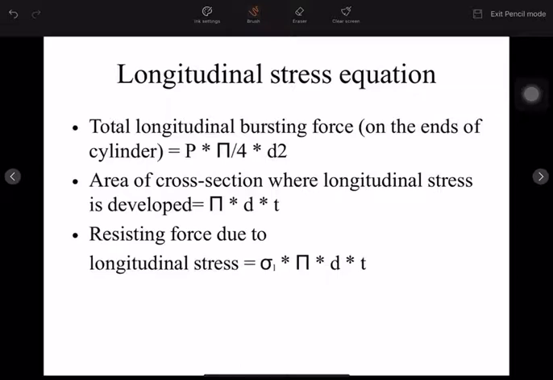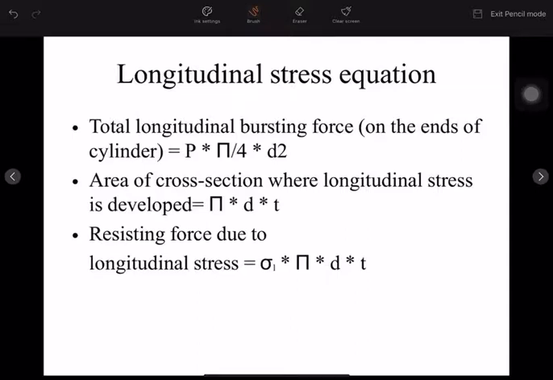So how can we calculate this longitudinal stress effect? In the same manner in which we derived an equation for hoop stress, we can derive an equation for this longitudinal stress also.